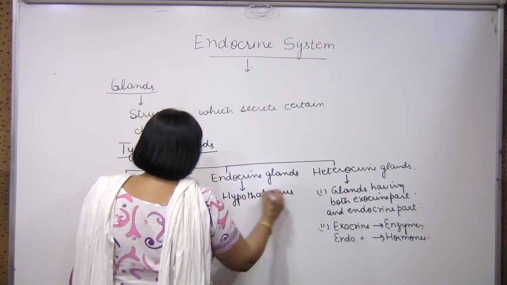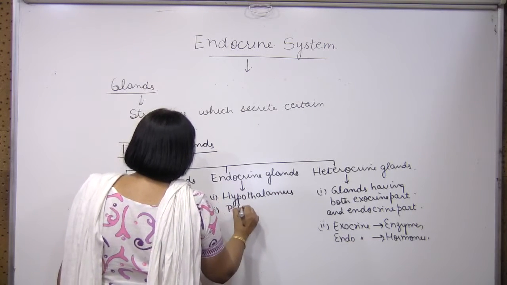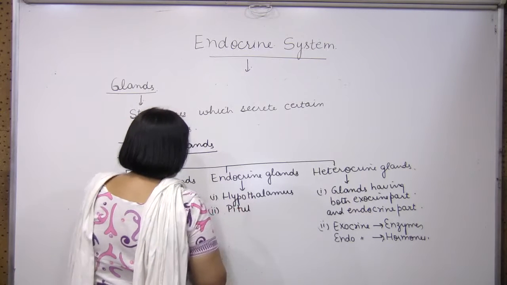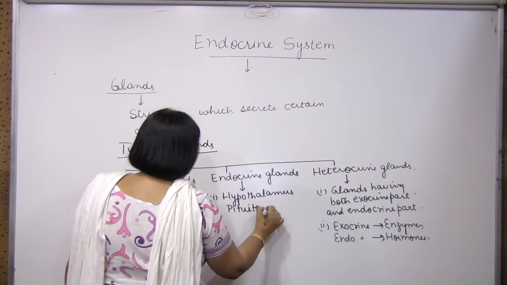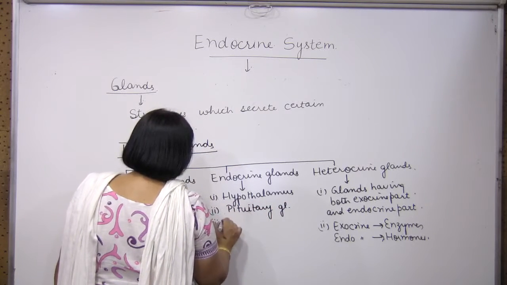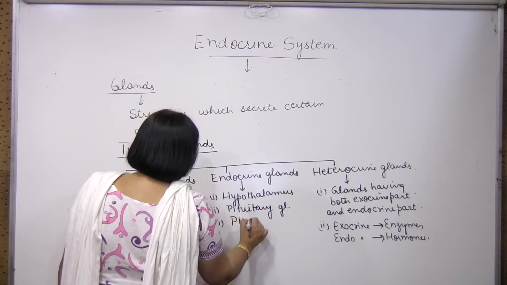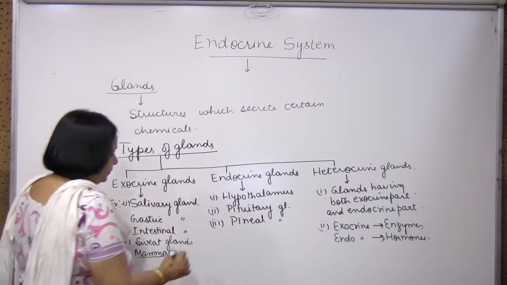Hypothalamus in brain, then pituitary, pituitary gland, pineal gland. All the three are present in our brain.